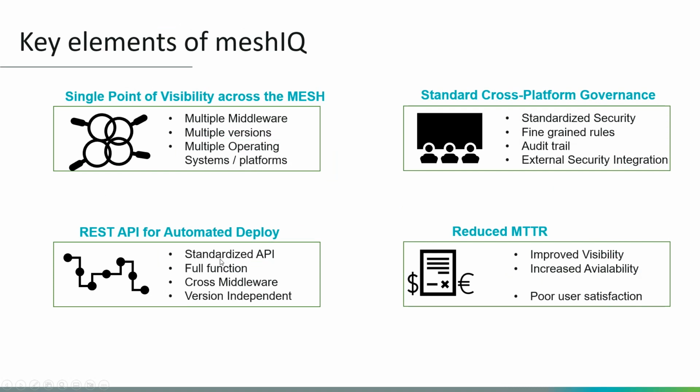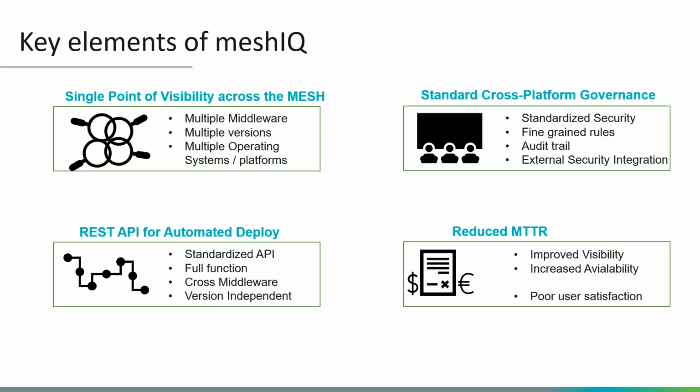Okay. So with meshIQ, of course, we're going to solve all of those issues. We want to provide that single point of visibility across the mesh, whether that be multi-middleware, multi-versions of that middleware, multiple operating systems and platforms. And that bullet point alone is really significant, because today, yes, there are tools for Kafka.